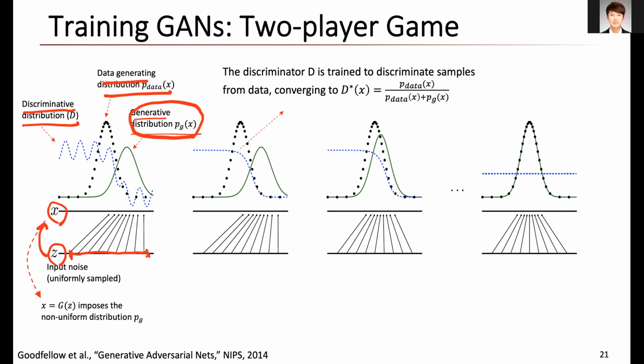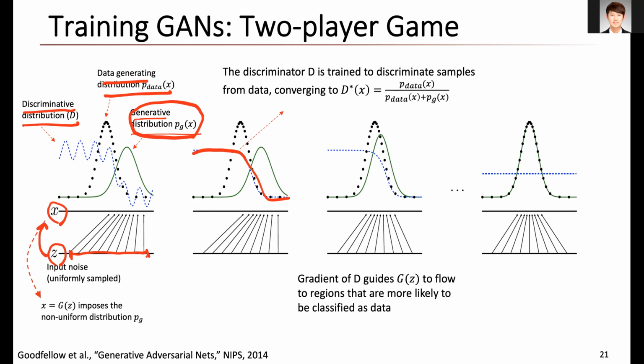First of all, the discriminator D is trying to discriminate the samples from the data, so this blue line moves to look like this. Then the gradient of D guides the generator to follow the region that is more likely to be classified as data.